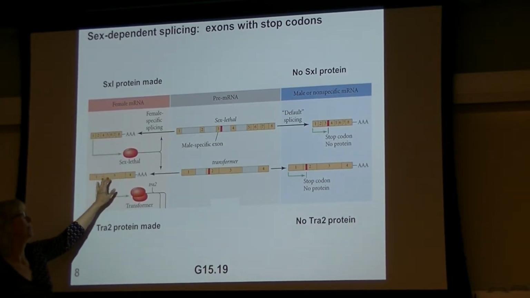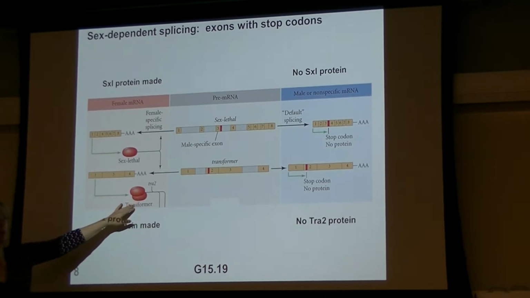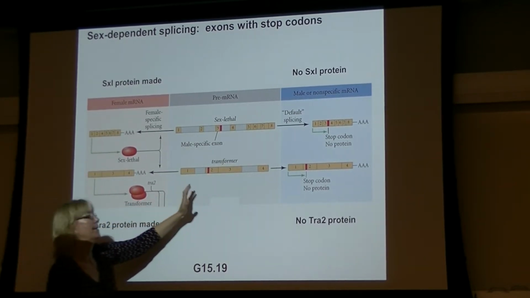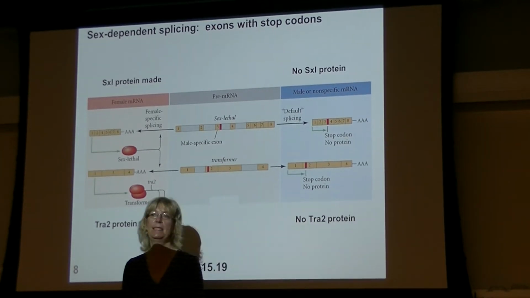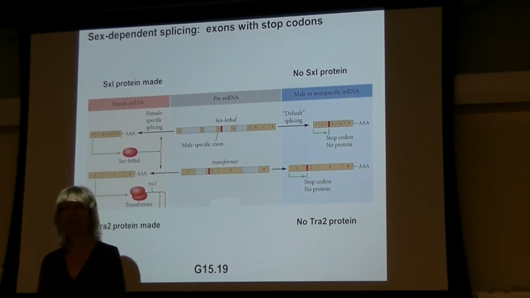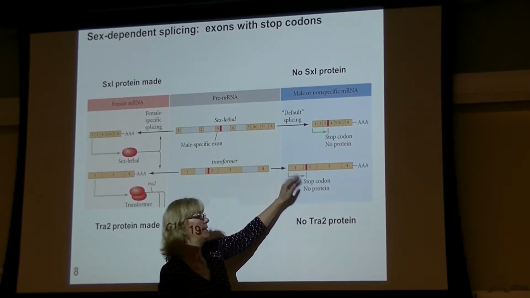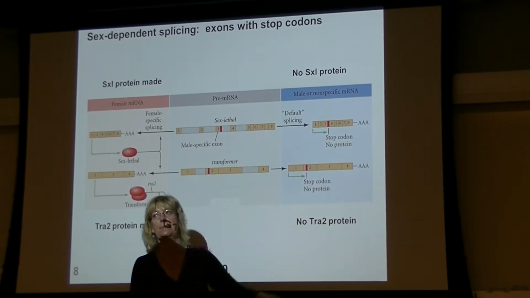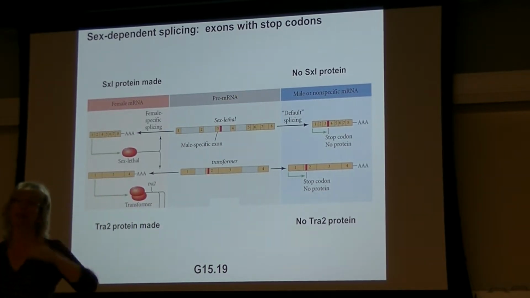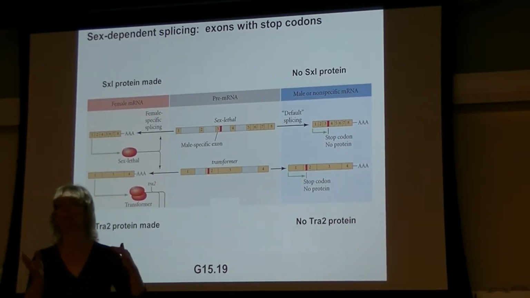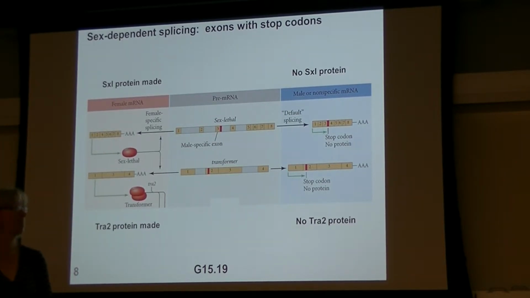It goes all the way from exon 1, 3, and 4. So we get a functional transformer protein made. But in the males, even though they have the pre-mRNA, they splice it in such a way that it's impossible to make a protein out of it. Due to the presence of an early stop codon, no transformer protein is being made. So that basically propagates the female-specific proteins being made and the lack of them in the males.